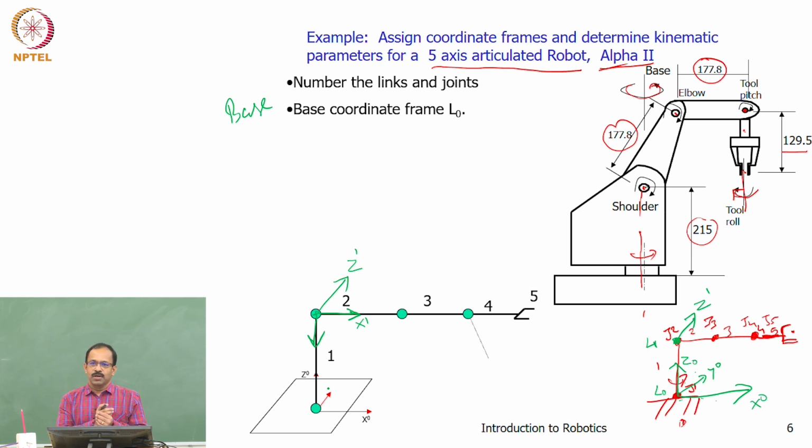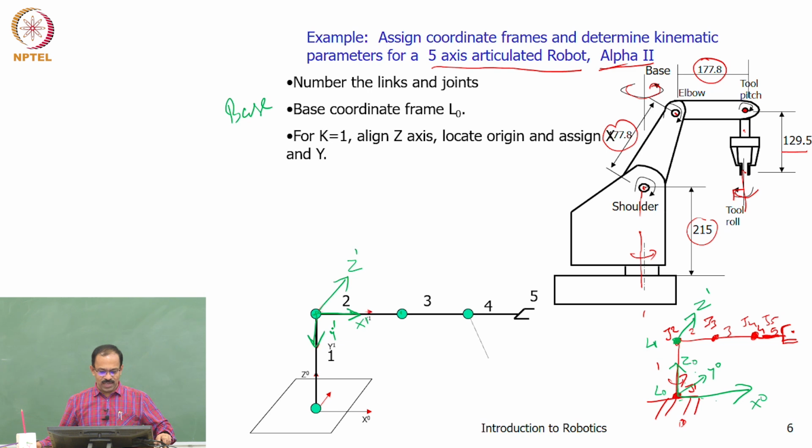So do the same thing for the next joint. Look at the axis. So you will find out the z axis, which is this joint. So we got the coordinate frame for this y1. Then repeat the same thing for the next one also.